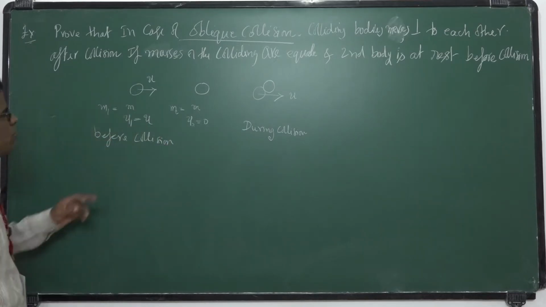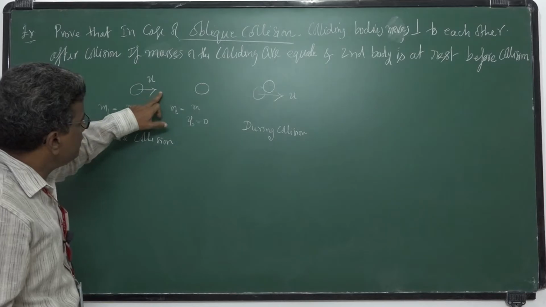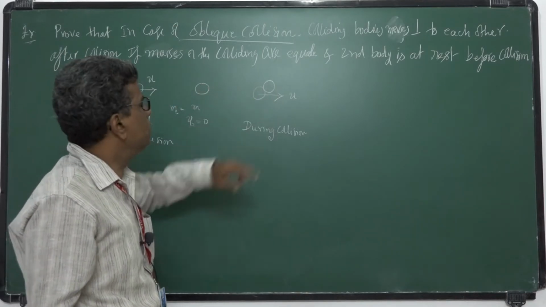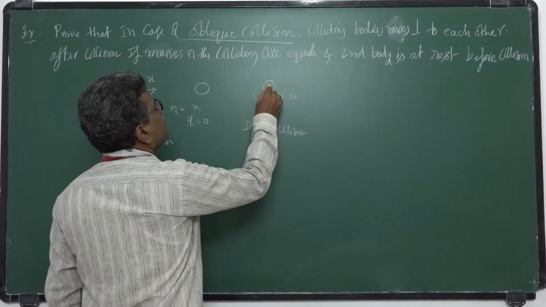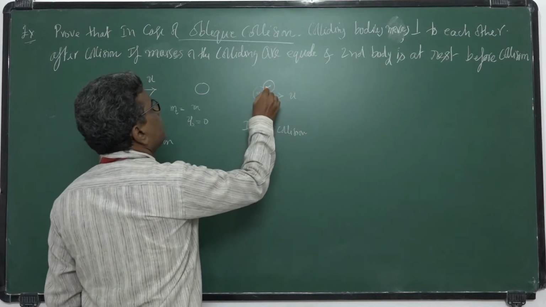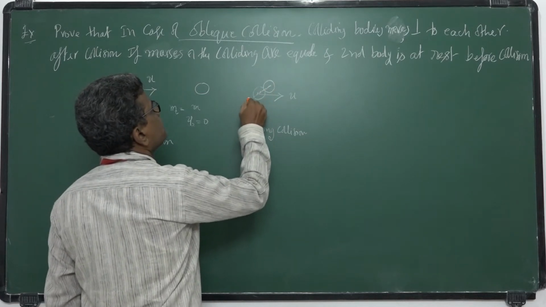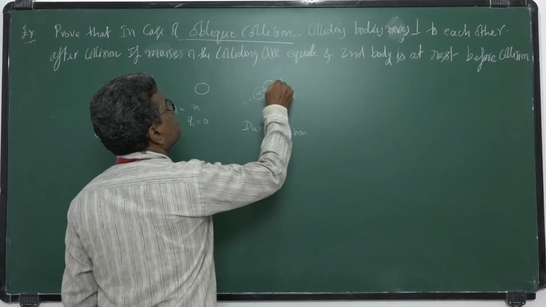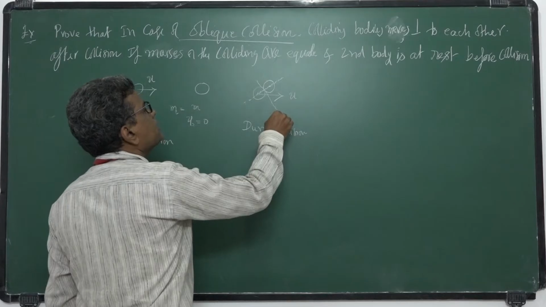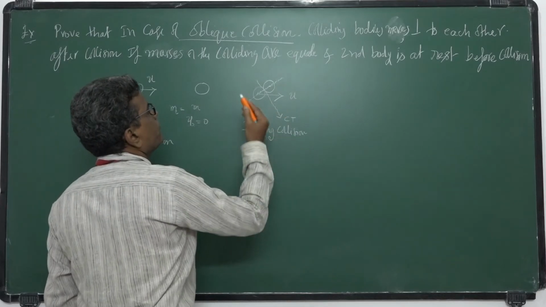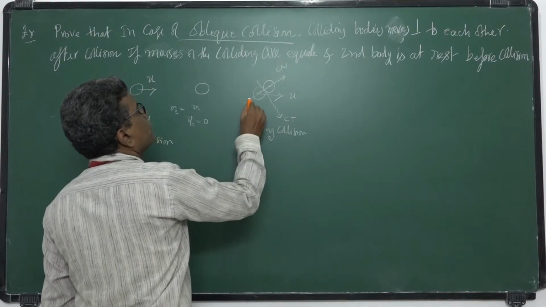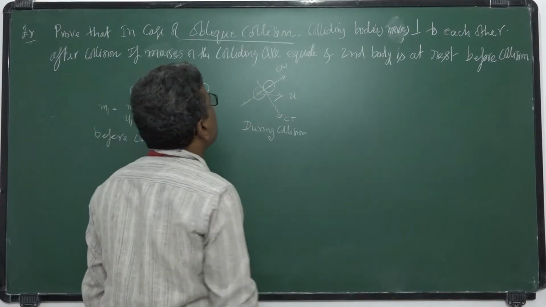So the direction of motion of the first one will be in this direction. It obstructs this one. So this is a common tangent, CT. This is CN. What is CN?